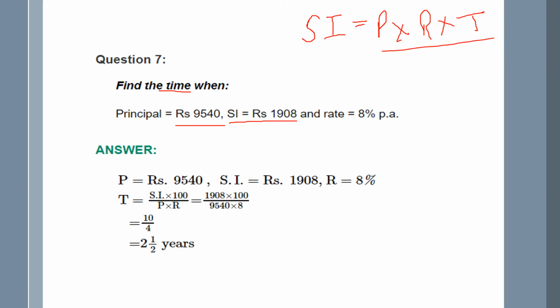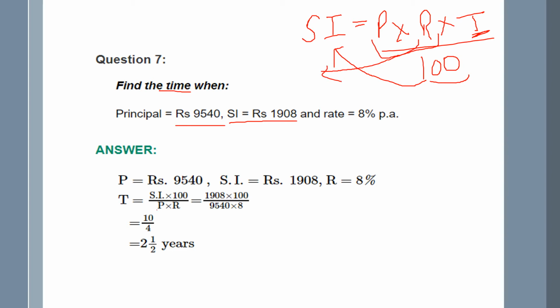Now listen to me carefully. One more thing. If you want to find the time, then you have to transpose the other things. 100 will go to that side. It is in divide on the right side, so when it goes to the left side, it will be multiply. So the formula will be SI into 100, and P into R, which is on the right side, you have to transpose to the left side, so it will be divided.